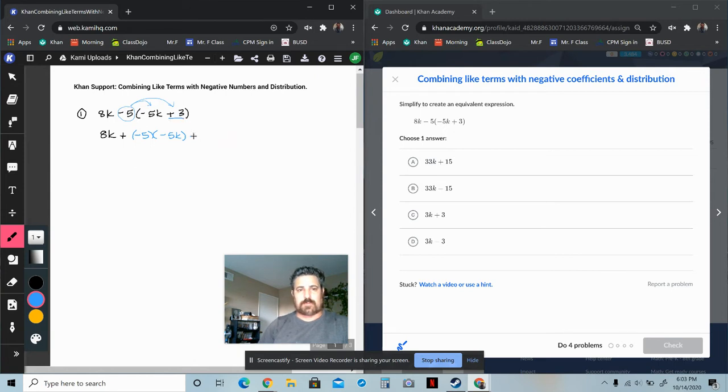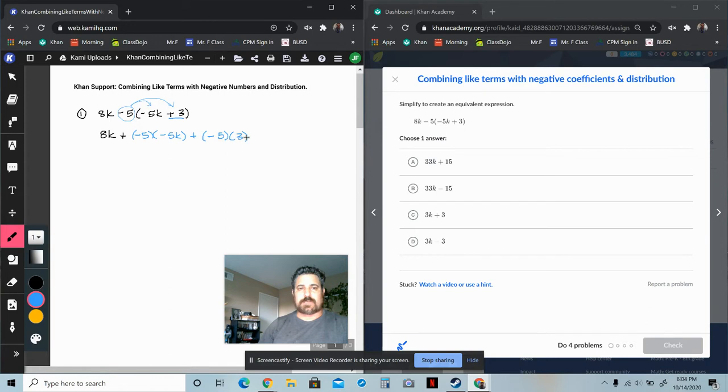So that would be plus negative 5 times positive 3. That's the distributive property. You take that negative 5, you multiply through the parentheses, just like I'm showing you with that rainbow. Negative 5 times negative 5k plus negative 5 times positive 3.